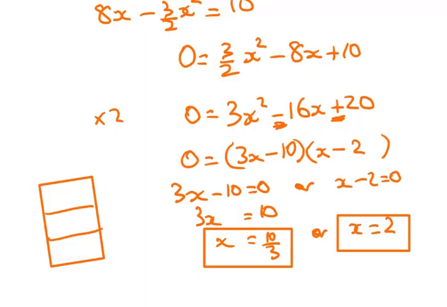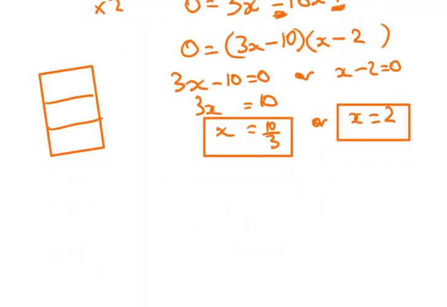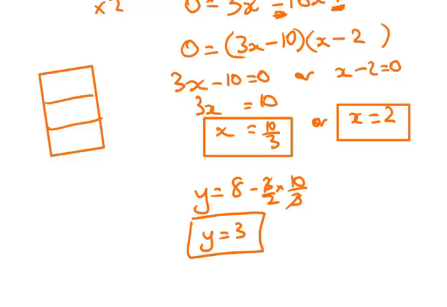Now we need to go and find out what the matching y value is. So we had y is equal to 8 minus 3/2 x. So in this case we get y equals 8 minus 5. So y, is that right? Let's see, what have I done? I think I've done something wrong. Oh no, that's right, 8 minus 5. Yep, 8 minus 5 is 3.